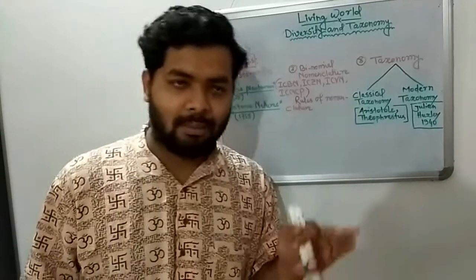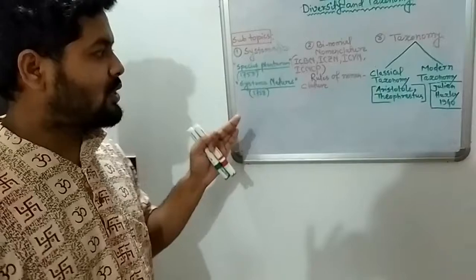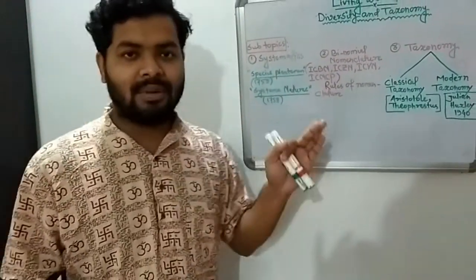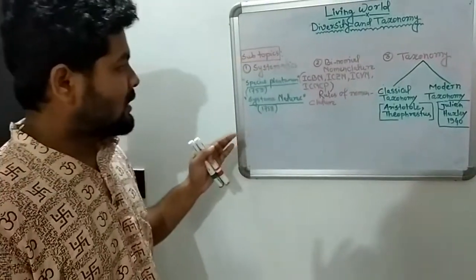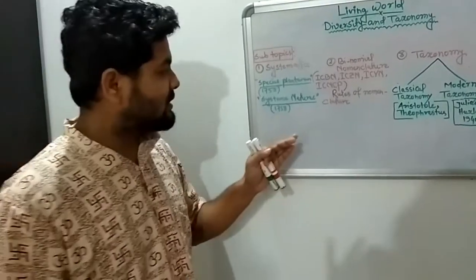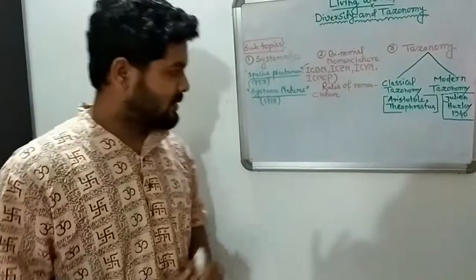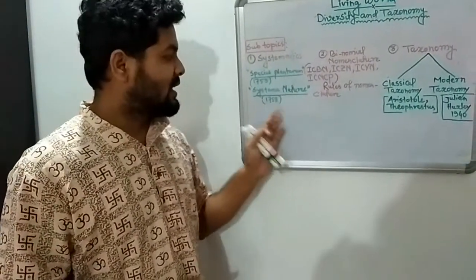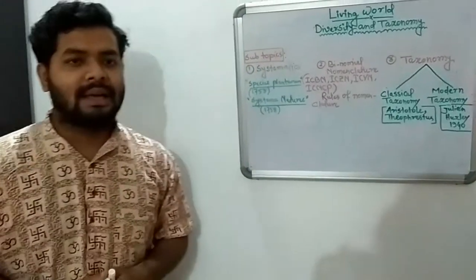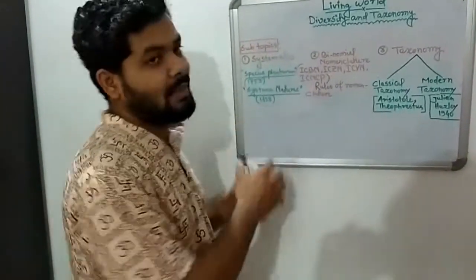He mentioned systematics in two books, which he wrote in 1753 and 1758 consecutively. The first book written by Carolus Linnaeus is known as Species Plantarum, and the second one is known as Systema Naturae. In these two books, Carolus actually mentioned systematics.